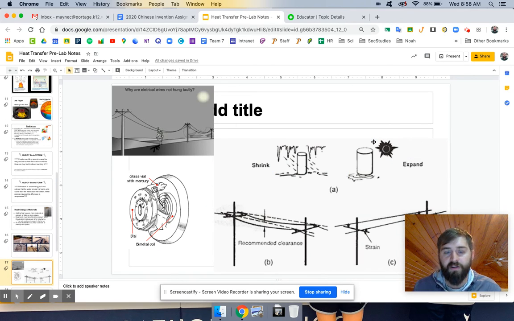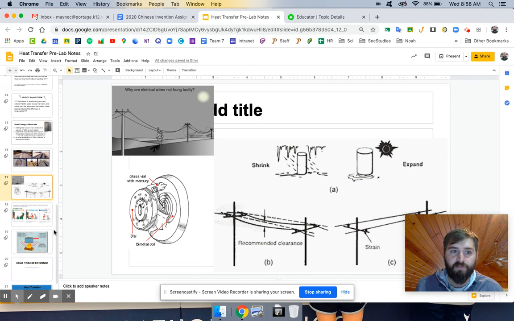And one of the other examples is some people don't understand why our electrical wires are not hung so tightly. Why do we have them drooping down? And it's just because of exactly this. In the wintertime when it's freezing, they're going to shrink and then they're going to expand. And so if we had them completely tight, they would then break and things would cause issues.